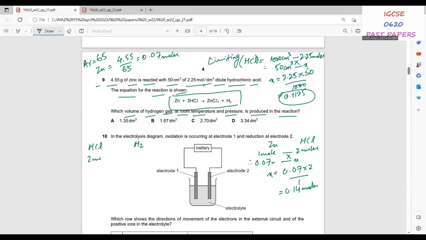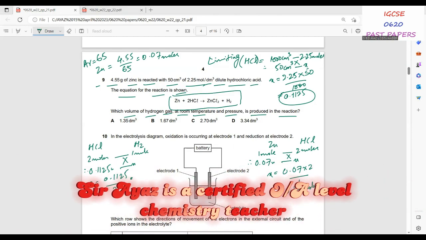Now, HCl to H2. 2 moles produces 1 mole of H2. Therefore, 0.1125 moles produces X moles. X is equal to 0.1125 divided by 2, which is 0.056.